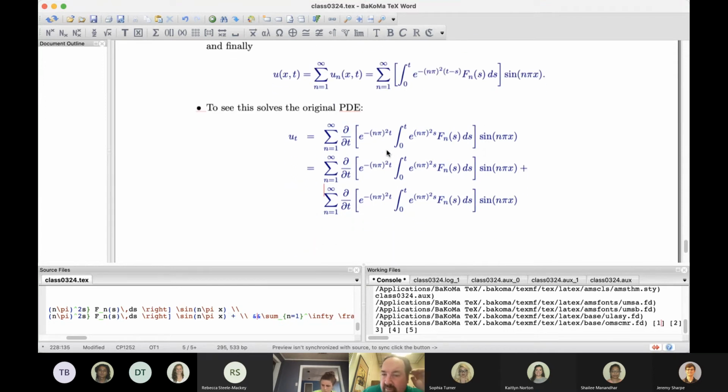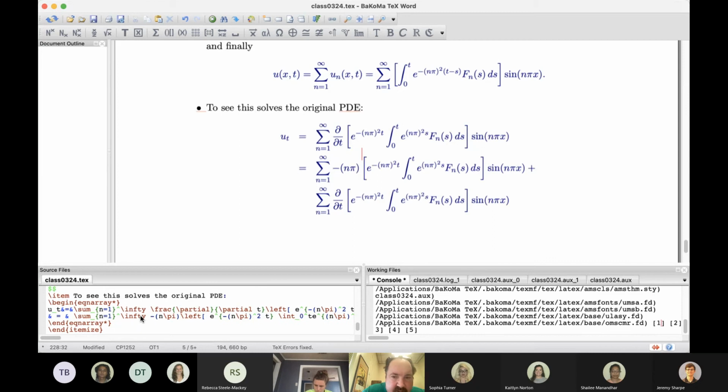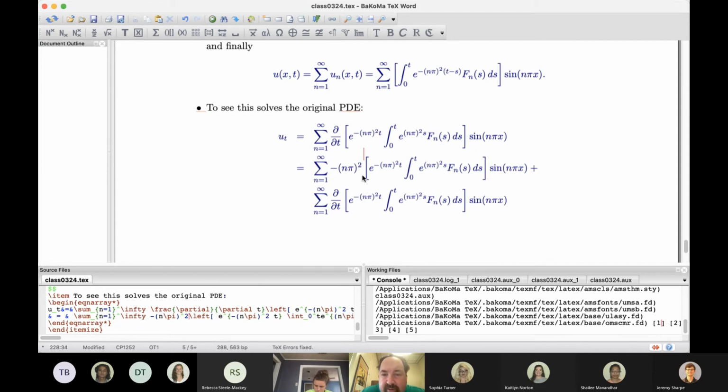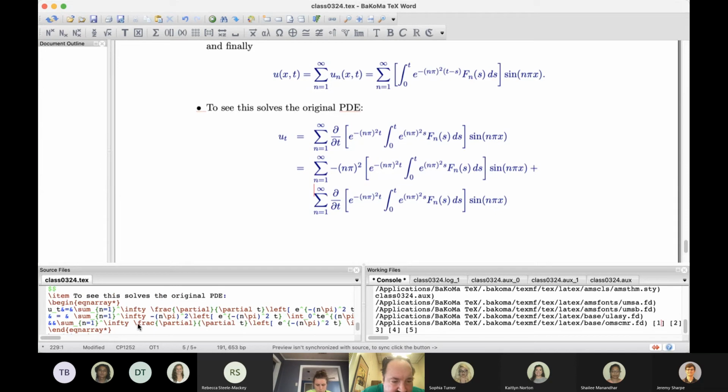Okay. So for each half of a product rule, for this first half, I'm differentiating only this part. So then I would end up multiplying by minus n pi squared. And then for this part, I'm leaving the exponential alone.